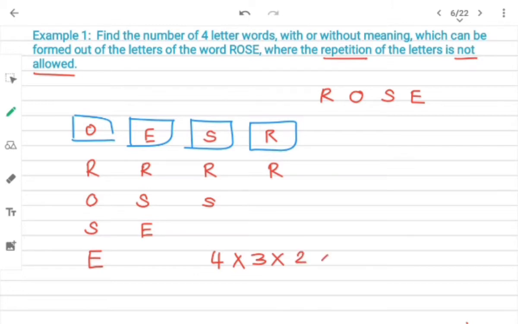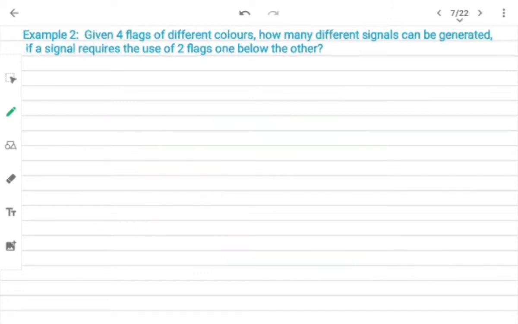And in the fourth box, we have only 1 letter. So 4 into 3 into 2 into 1 is 24. Therefore, the number of ways the 4-letter word can be formed is 24 ways. Have you understood this clearly? Let us see another example.